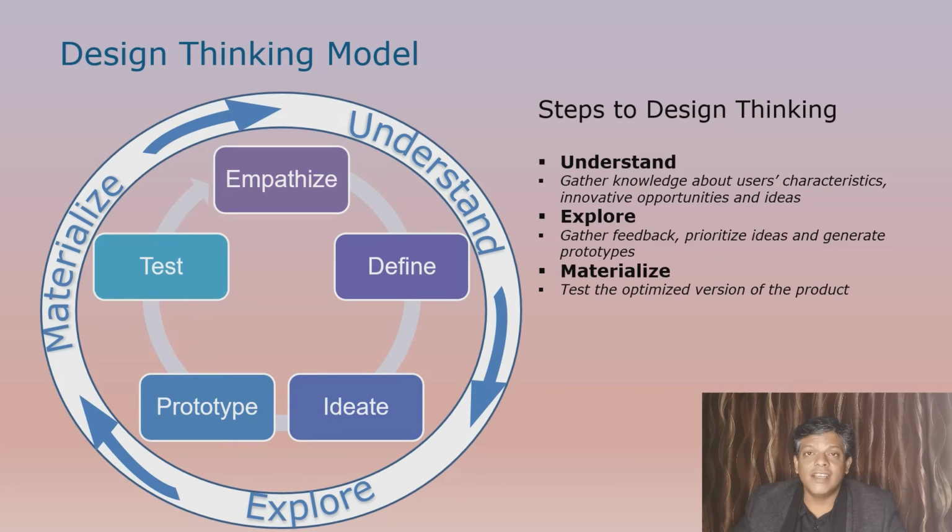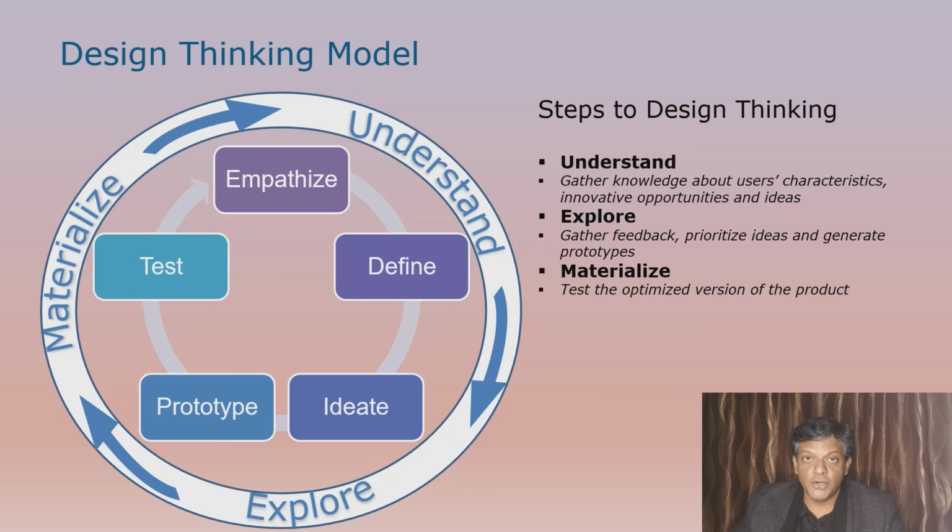Once you understand the requirements, you move on to explore, and exploring is all about gathering feedback, prioritizing ideas, and generating prototypes, which basically covers the ideate and the prototyping stage of design thinking.